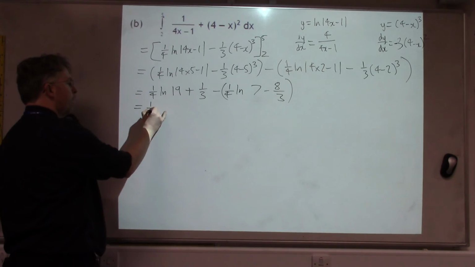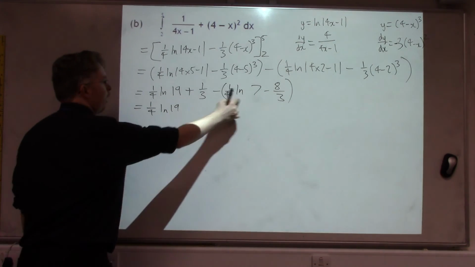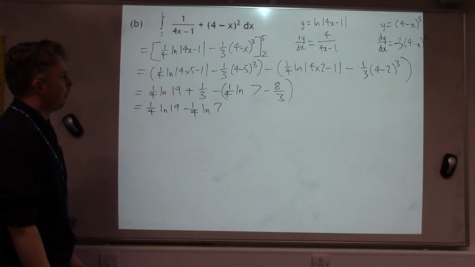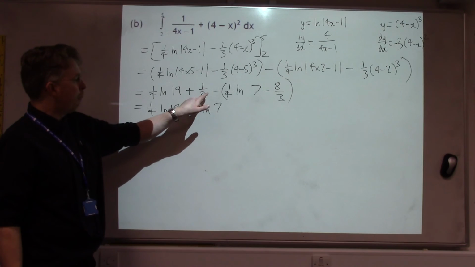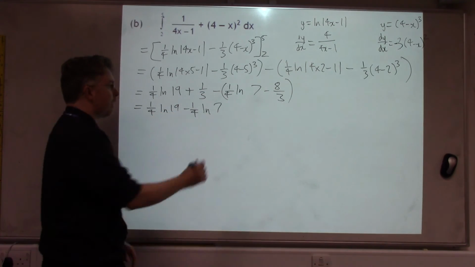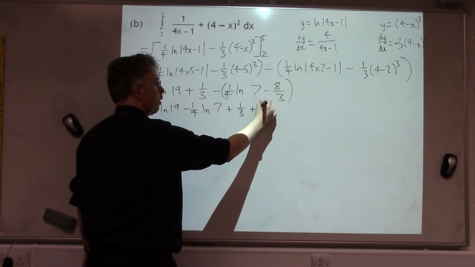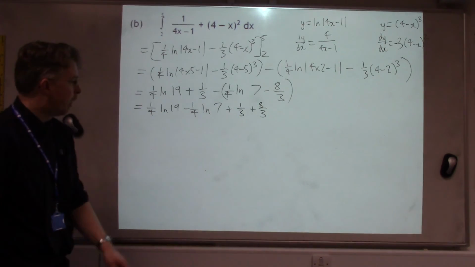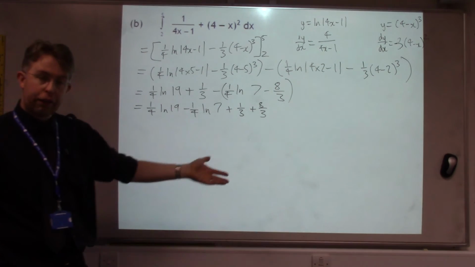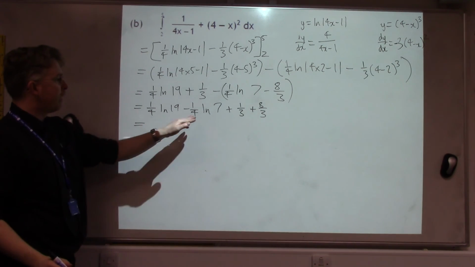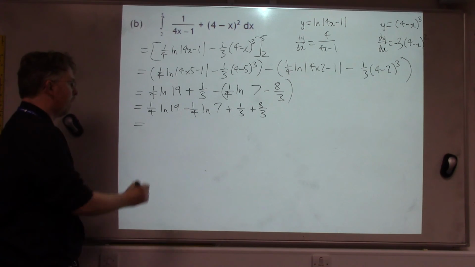Collect the terms together, so it's a quarter ln 19 minus a quarter ln 7, plus a third, minus minus, so plus 8 over 3. A third plus 8 over 3 is 9 over 3, which is 3. Quarter ln 19 minus quarter ln 7.